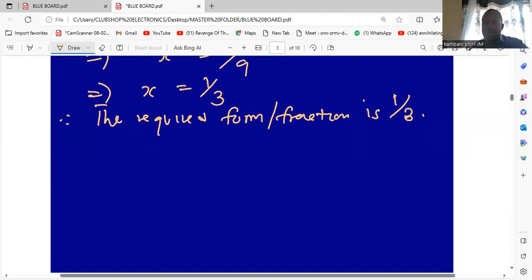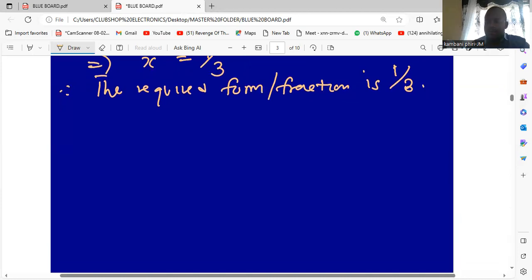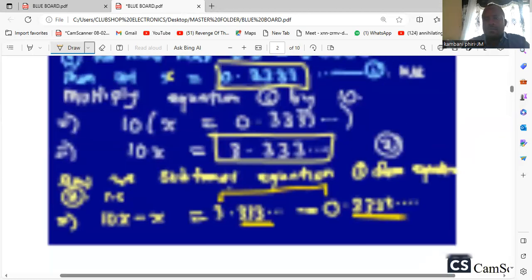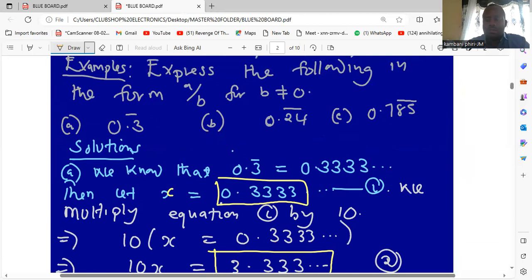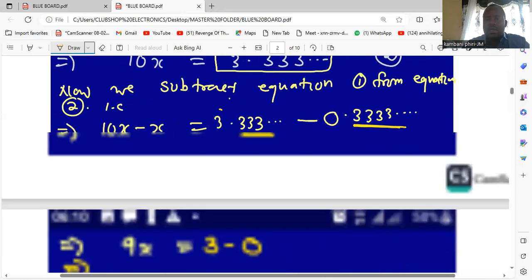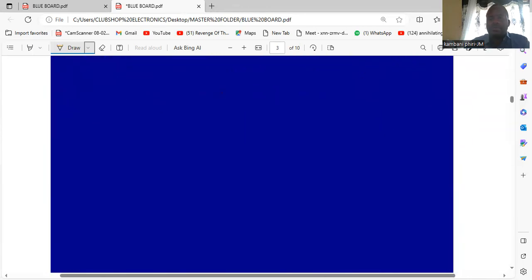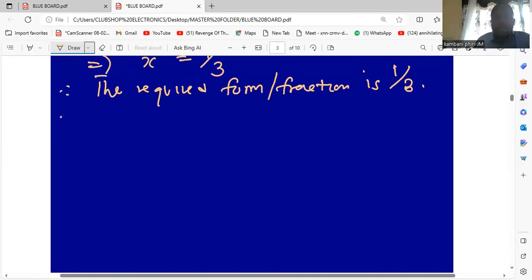All right, let's look at the next one. Okay, the second one is B. B, we have got 0.24. Everything is decaying, right? Everything is decaying.